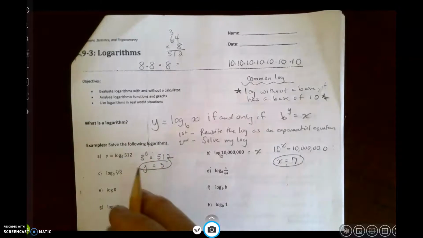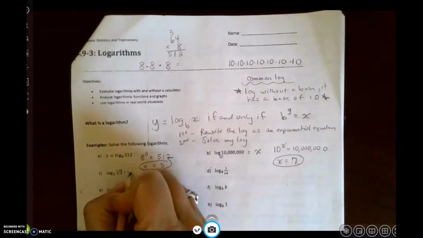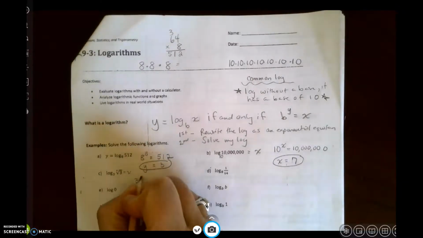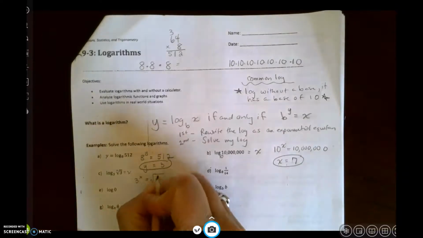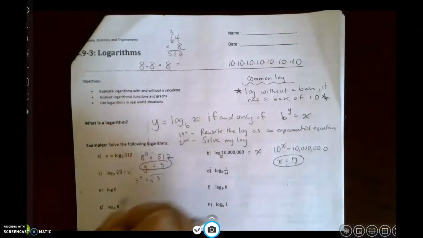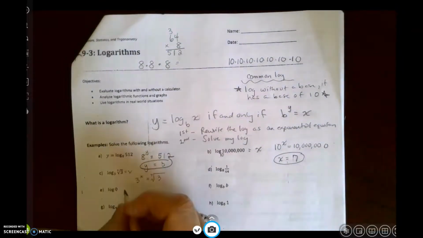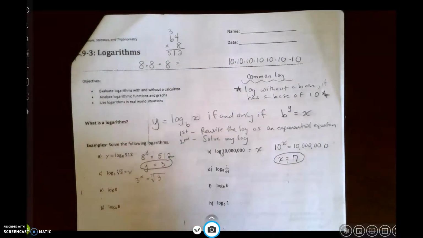I'm going to first write it exponentially. I'm going to just write equals x. So I have 3 to the x equals the 7th root of 3. Usually if something's written with a radical, we can change it to an exponent. If it's written as an exponent, a lot of times we have to change it to a radical. Usually we have to change whatever form it's in.